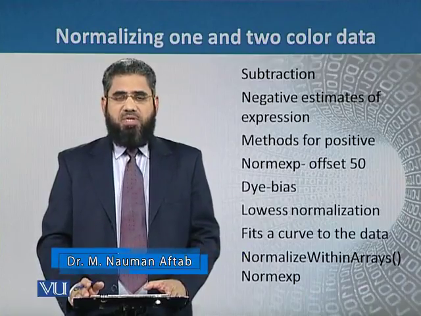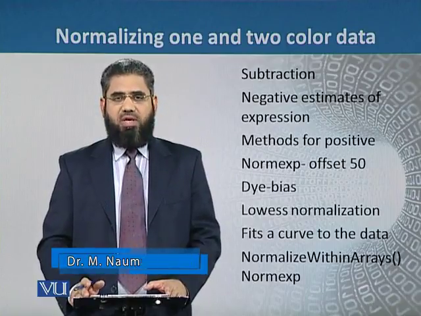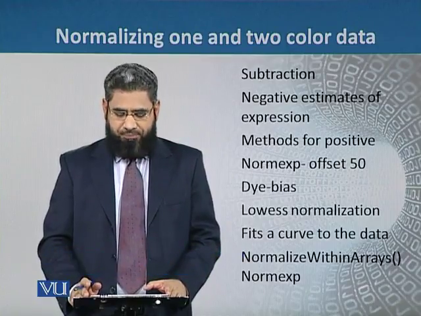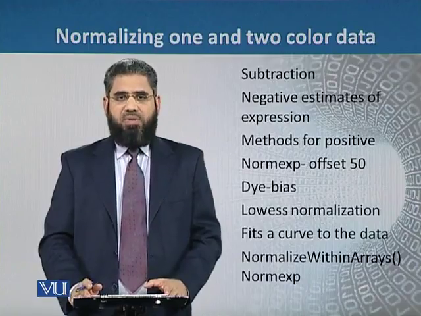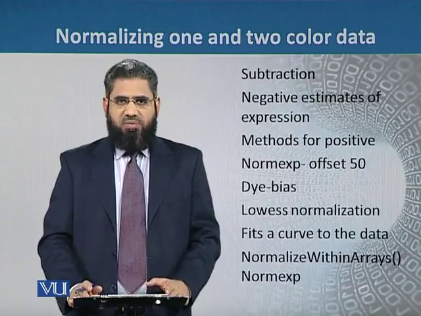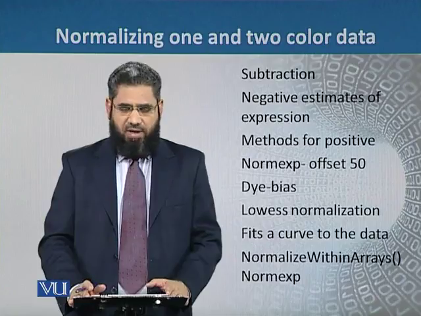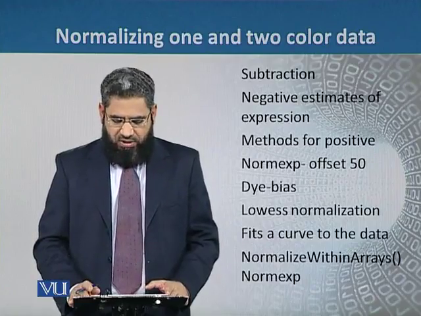One of these processes is named norm_max_p with an offset value of 50. This offset value is added to the intensity of the spots so that it facilitates the process of background correction.